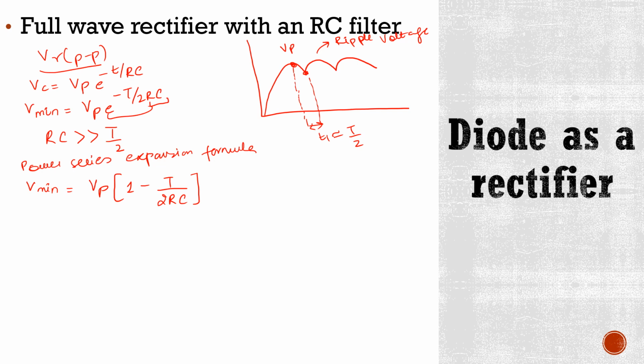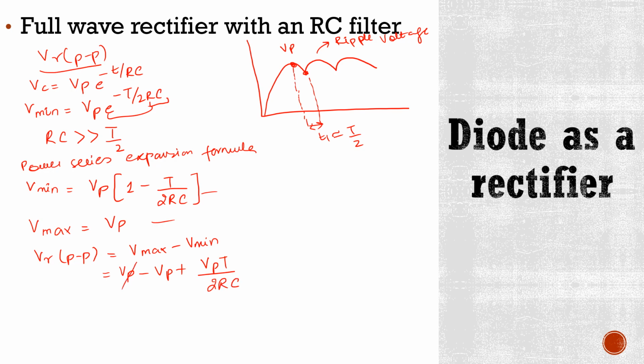Now, what is the maximum value of voltage here? We know that Vp is the maximum value of ripple voltage. So here Vmax is equal to Vp. Now, this peak to peak ripple voltage is equal to Vmax minus Vmin. Now, after putting these values in this equation, we get Vp minus Vp plus VpT divided by 2RC.